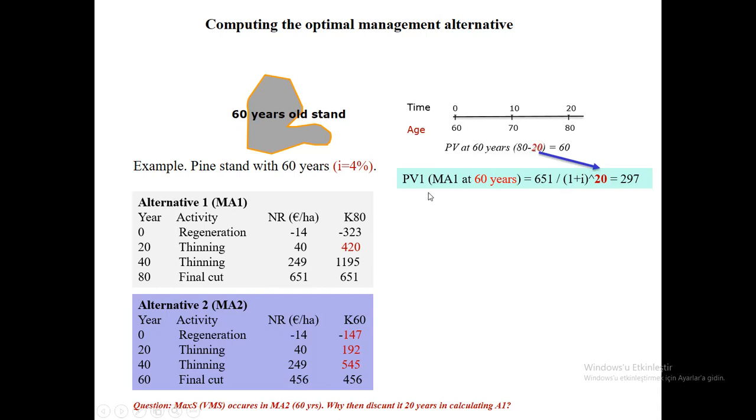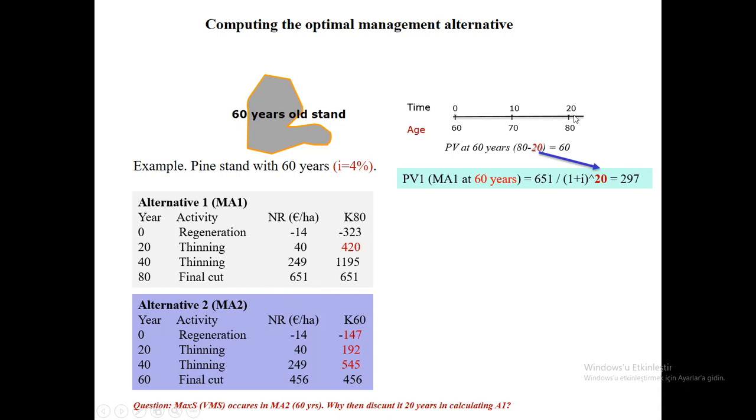We know alternative 1 provides us the final harvest at the age of 80, 651. So we have to discount it to the age of 60, because from 60 years to 80 years there is nothing else to be applied. Assuming the stand is to be harvested at the age of 80, this is the value that we will get, 651 euro per hectare.